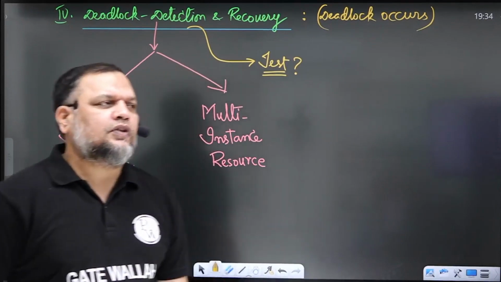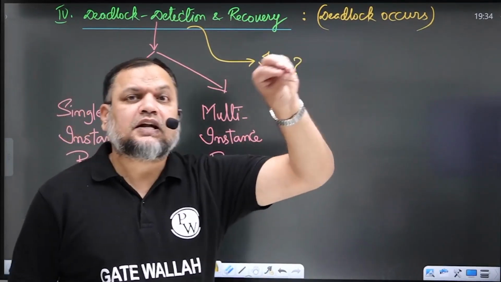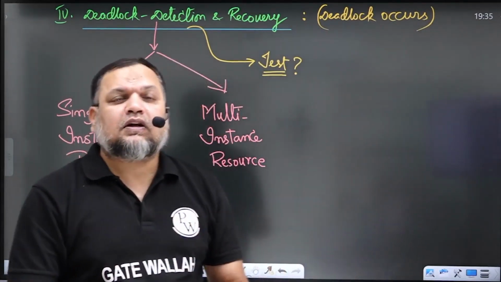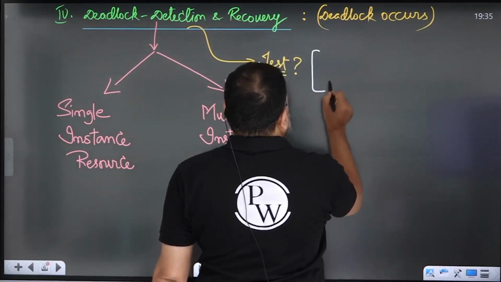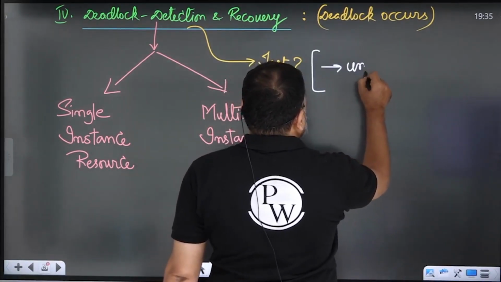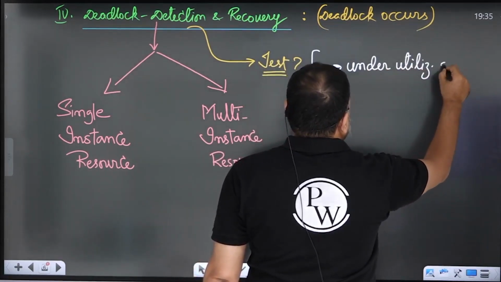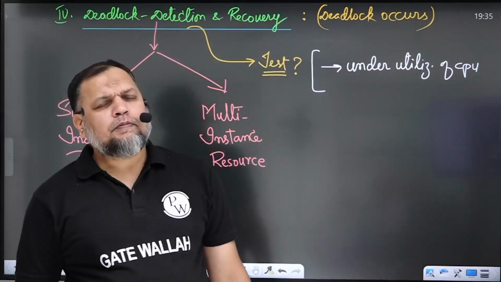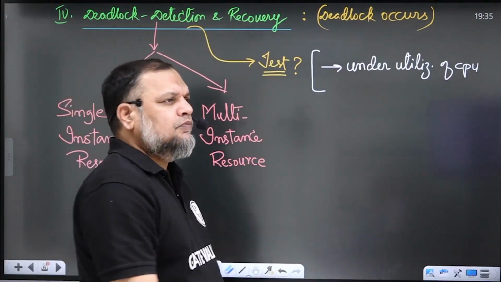So to my question, when should the deadlock manager, as a doctor, activate the test? When the system is not well, when there are symptoms. The symptoms are underutilization of CPU. If the CPU utilization drastically comes down, that's a symptom that there may be a deadlock. We don't know, but still.